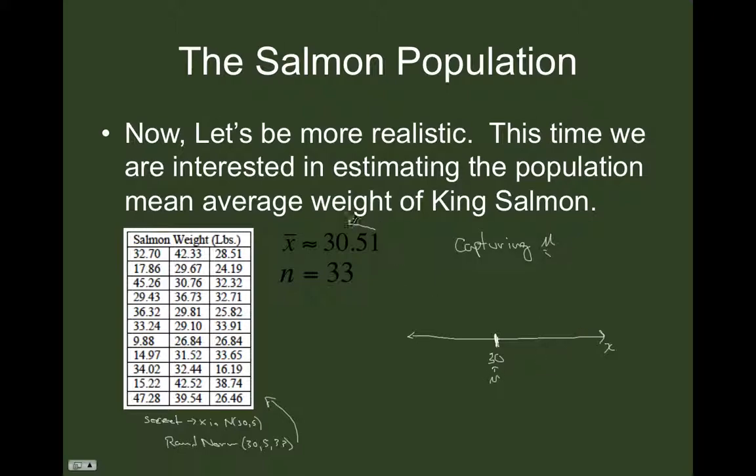Now notice this sample mean from our sample actually missed the mean. So this sample mean failed to capture the true mean. And actually 30.51 is also a point on the axis, corresponding to our x bar value.